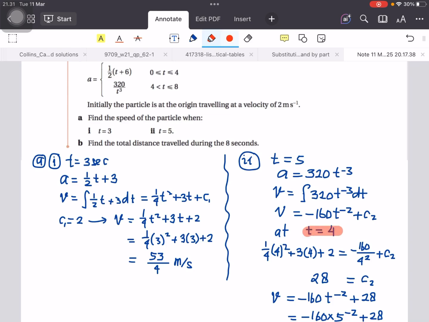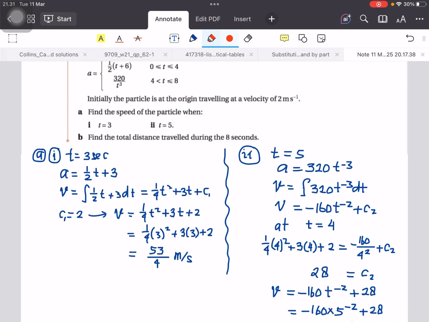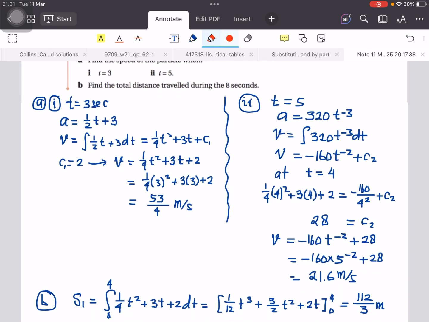So when t equals 4, 1/4 times 4 squared plus 3 times 4 plus 2 is equal to negative 160/4 squared plus c2. So solving that equation, we can find that c2 is equal to 28. So the complete formula for the velocity for the second time interval is v equals negative 160 t to the power of negative 2 plus 28.